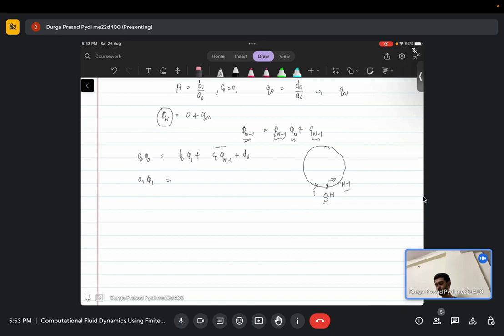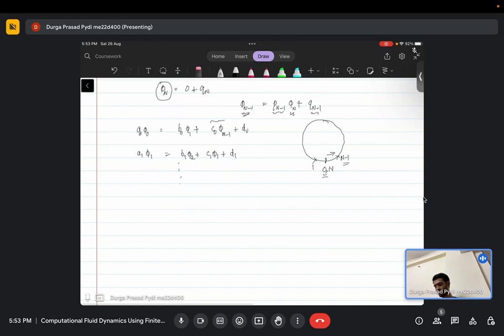So a1 phi 1 will be b1 phi 2 plus c1 phi 0 plus d1. So you have all the equations similar, except for that last equation. We will write for the n minus 2 cell: an-2 phi n minus 2 is bn-2 phi n minus 1 plus cn-2 phi n minus 3 plus dn-2.